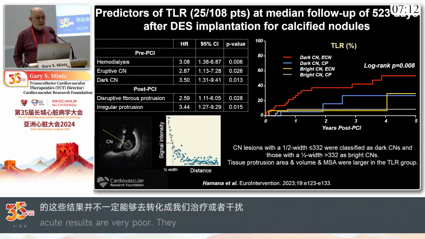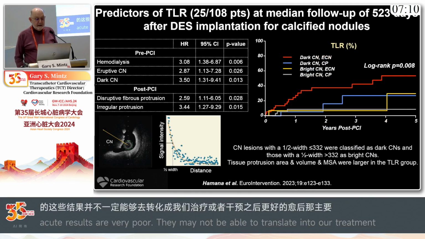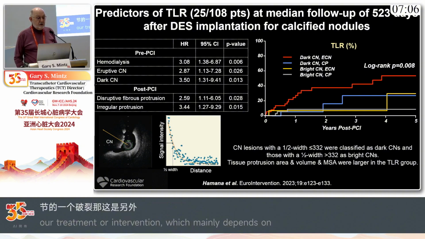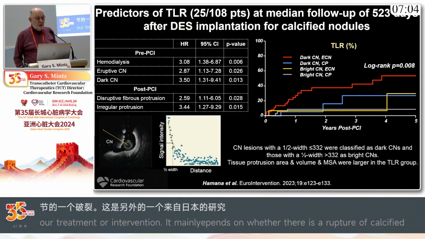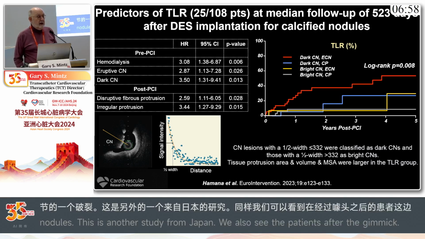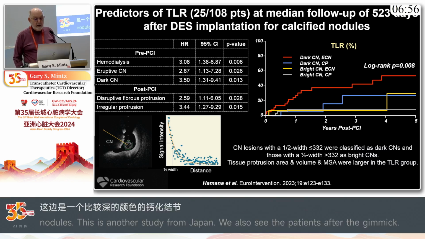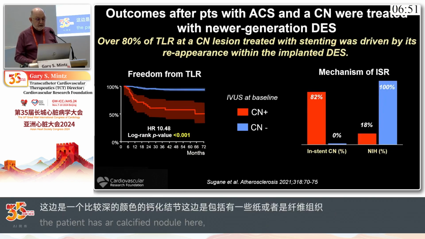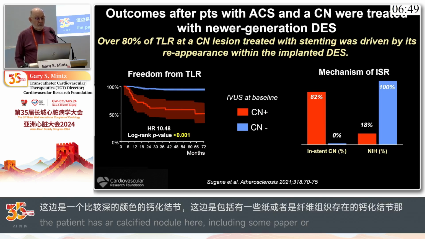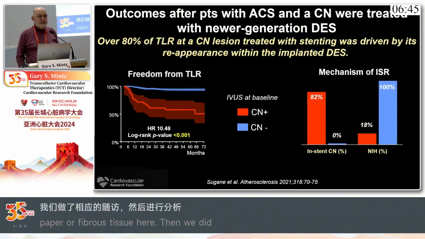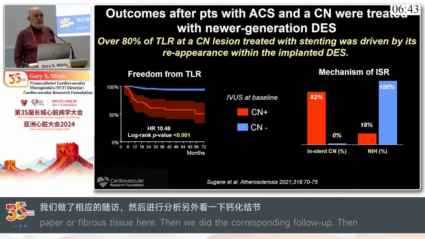In terms of predictors of events after stent implantation, this is another study from Japan, again showing that hemodialysis and what they call a dark calcified nodule, which is a calcified nodule embedded in fibrin or lipid, have the worst events at follow-up after stent implantation. Now, if you stent in a calcified nodule and the patient presents with restenosis, the question is why?